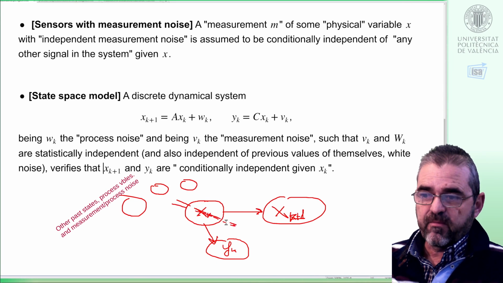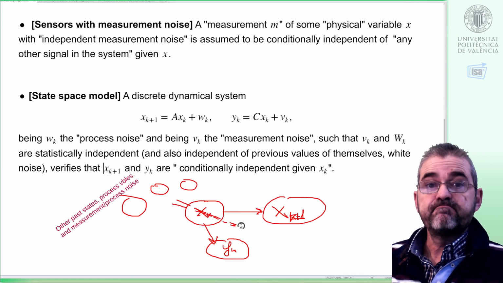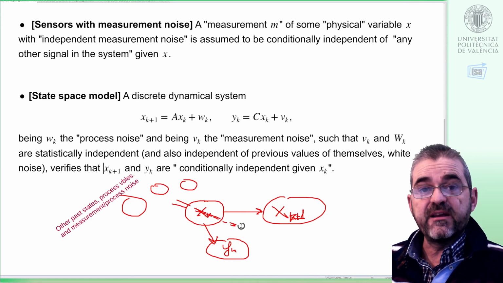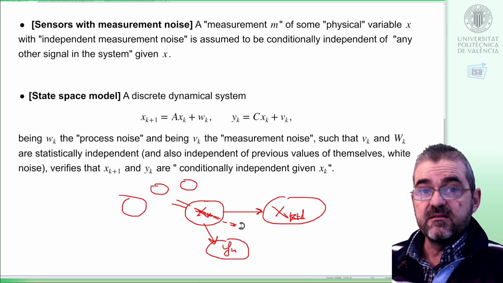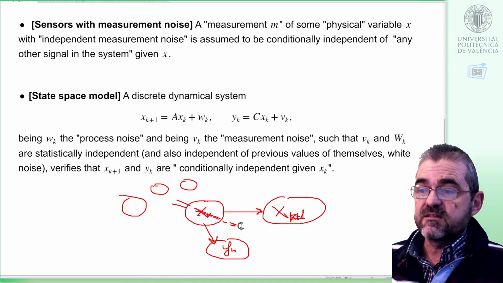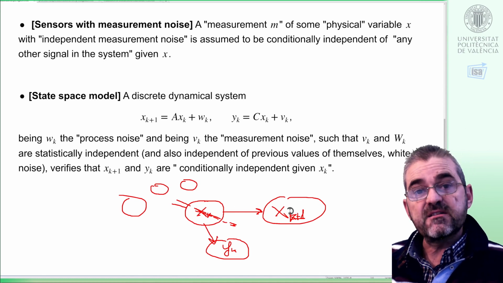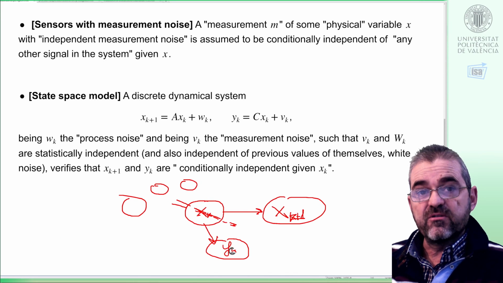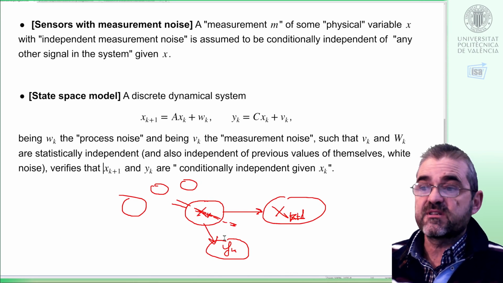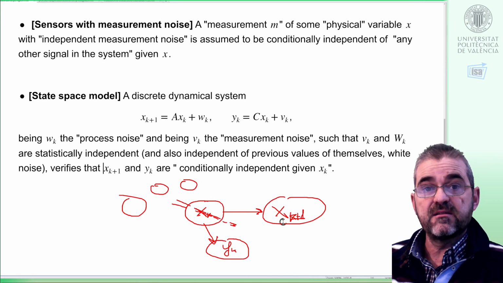If I know the state now, I can explain the behavior of my system by splitting it into dynamics, prediction of the next state, and then the measurement equation, prediction of the probability distribution of measurements, and they are conditionally independent.